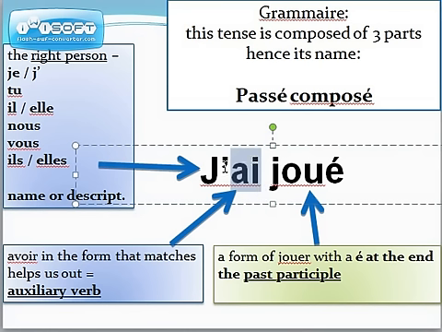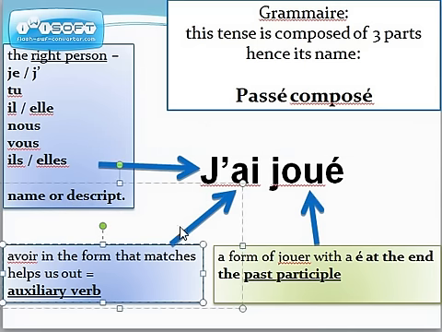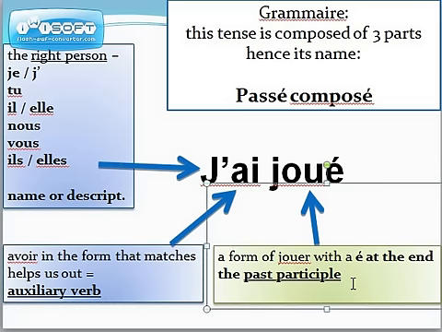We need to use the form of avoir that matches who we're talking about. So we have got the person we are talking about over here. Of course, it may be a name, it may be something else, it may be a description. But if we can make sure that we get the right form of avoir, then we are off to a really good start because we'll have the first and the second bit right. This third bit here is the past participle.